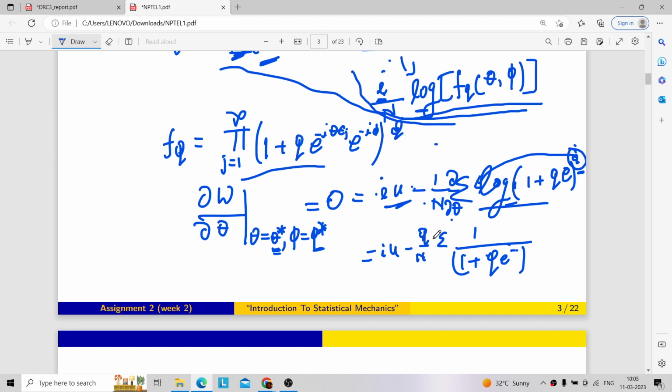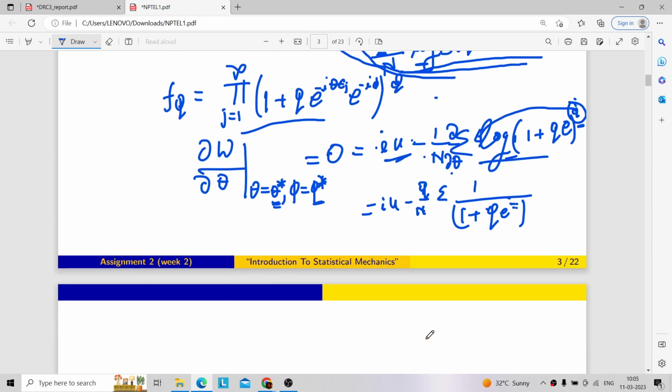We do not have to worry about that. E to the power something, then this e to the power, what do we have in this form, e to the power minus I theta epsilon j and minus I phi we have here.